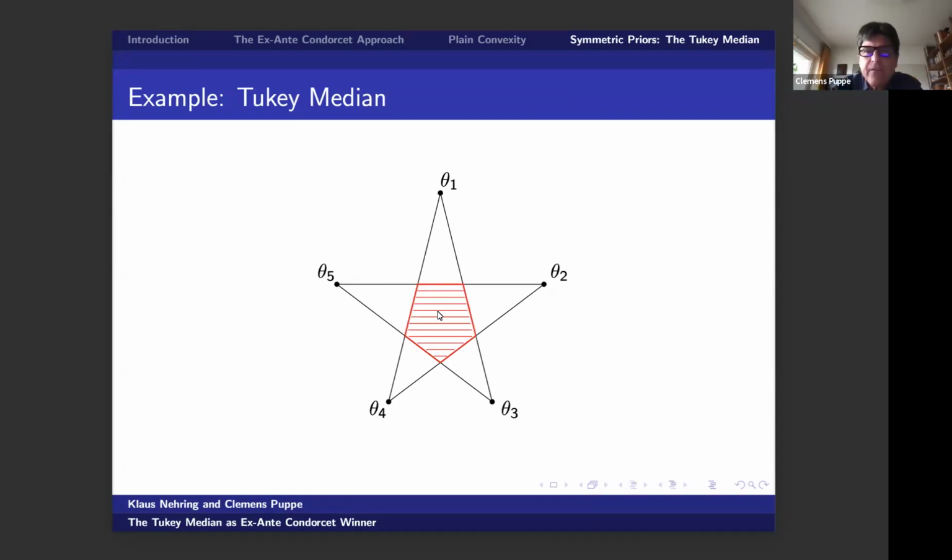Why? Well, if you take any point inside this red area and you draw a line, you will always have at least 2 points on each side of the line, right? 2 data points, right? For every point inside here. But once you go out, let's say I take a point here, then again, I can find a line through such a point so that on one side, there's only 1 data point, namely theta 2 here, right? So I hope that makes the concept clear of Tukey median.